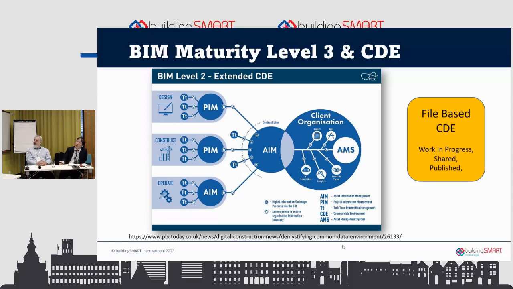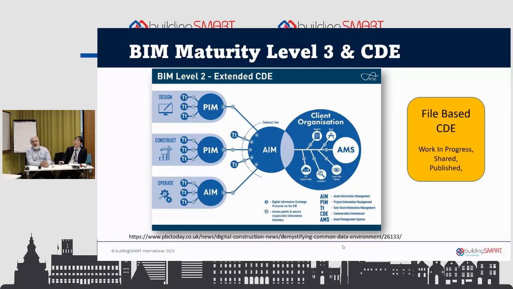Here comes the design team, and then the construction team, and then the operate team. And each team has some kind of project information management system, some kind of file server or repository. And then they work every day.